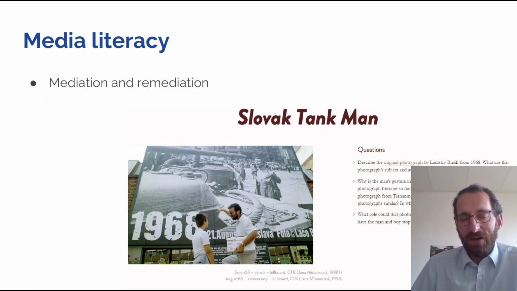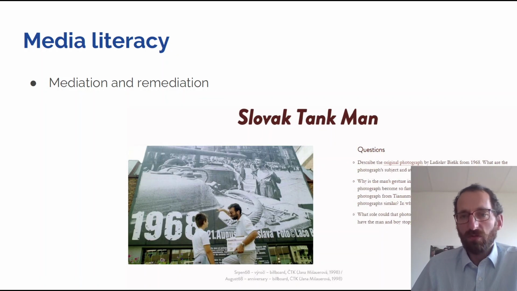So that's why we opted for this picture from 1998 from the very same spot, Main Square in Bratislava, and here the photograph is put in a social context. You can see the way history is being used and ask questions about the memory at work in the 1990s and the way this photograph has been mediated.